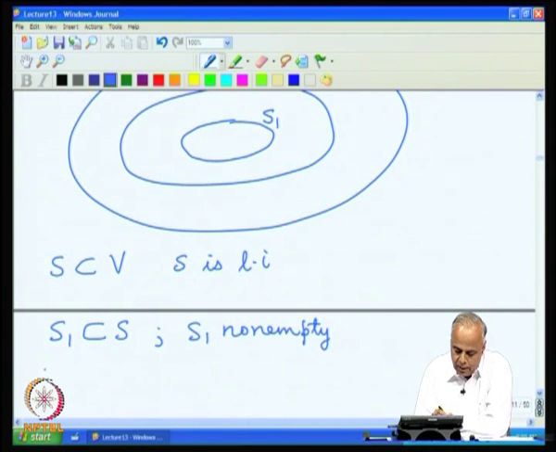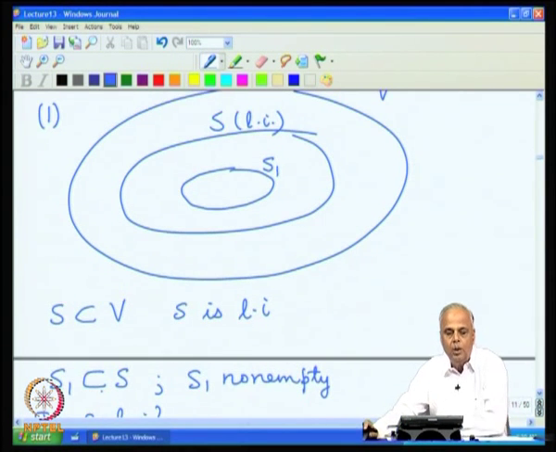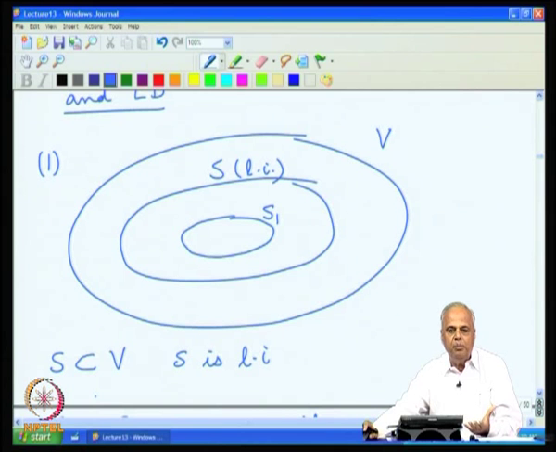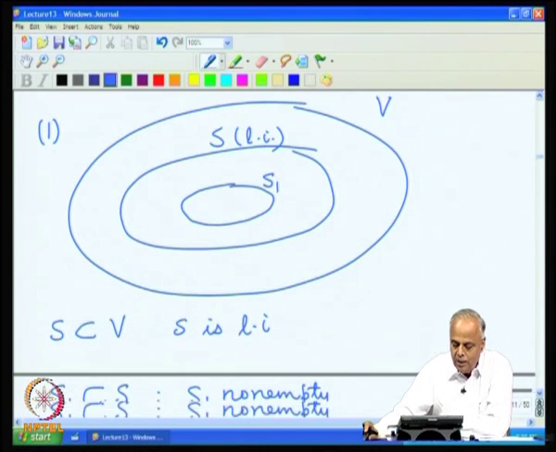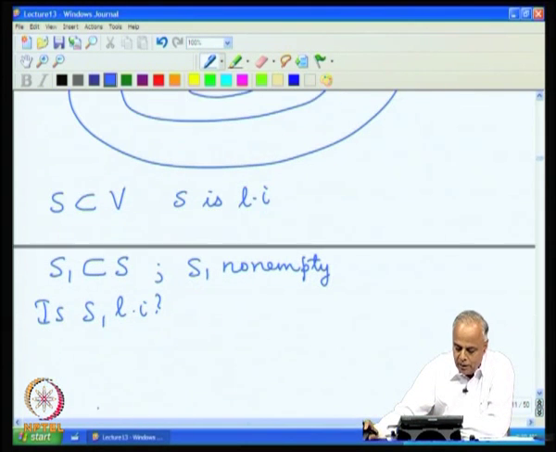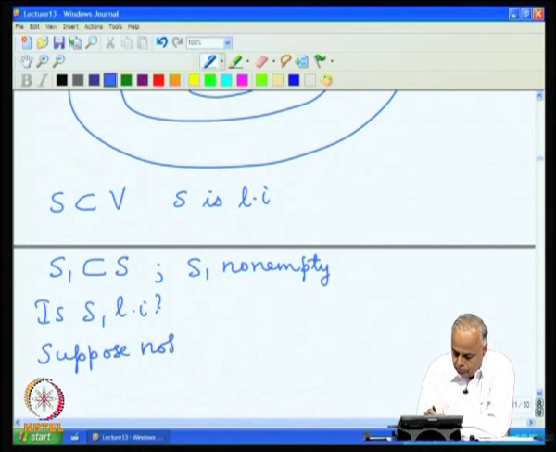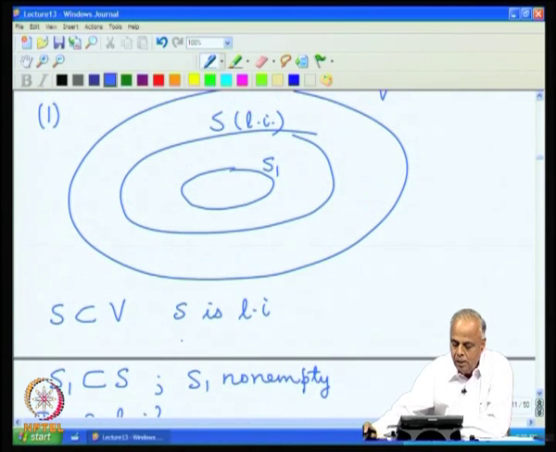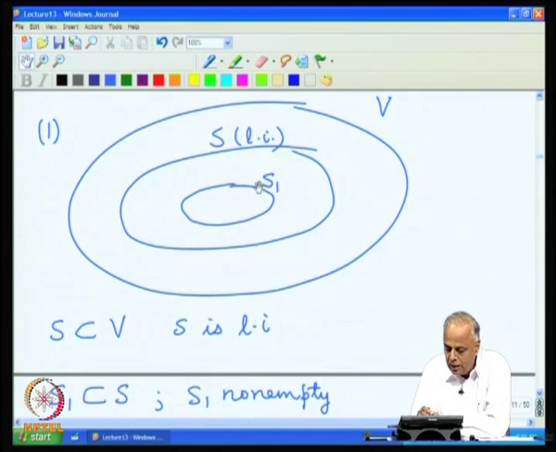What can we say about S1? Is S1 linearly independent? So, I have a linearly independent set, inside that I am taking a subset, will that subset also have the same property of linear independence? Suppose not. What does that mean? This means this set S1 is not linearly independent.